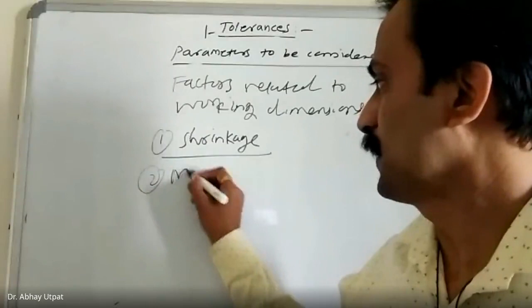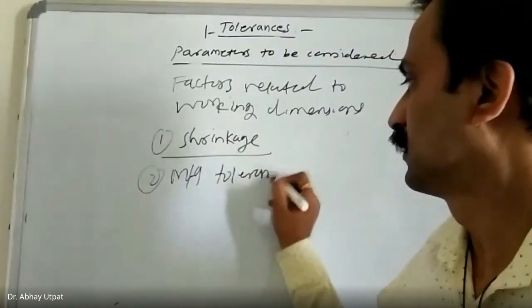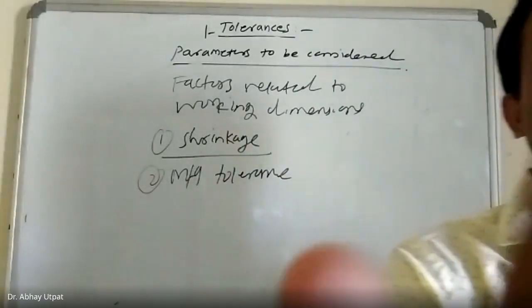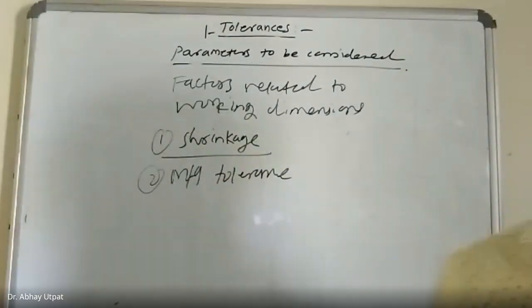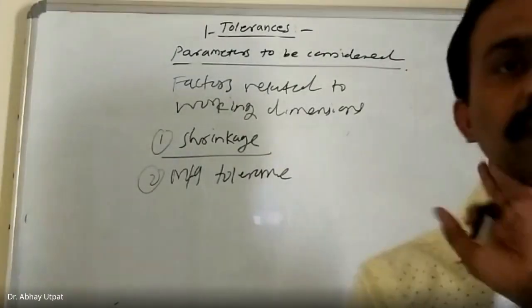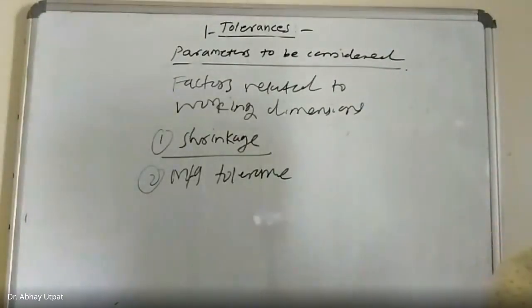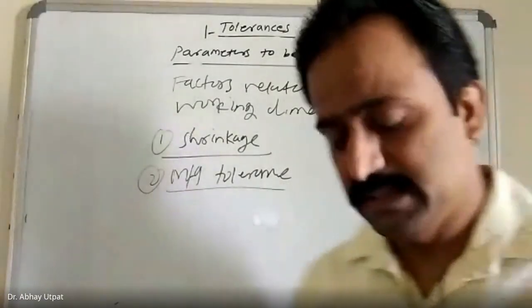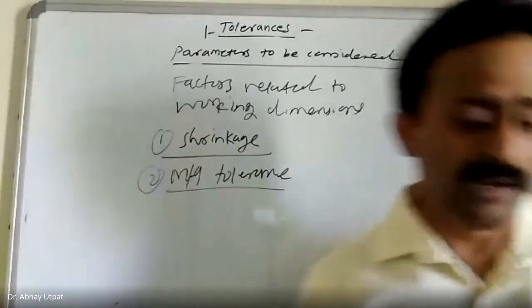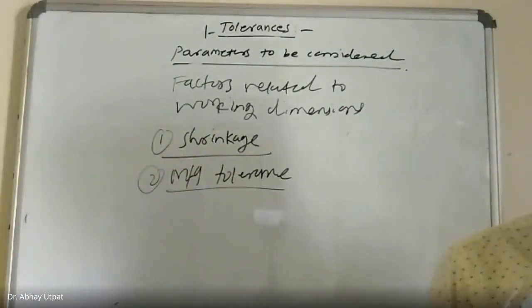Then manufacturing tolerance. Second is manufacturing tolerance. Manufacturing tolerance means, whenever you are going to manufacture different components, they directly influence the dimensions.